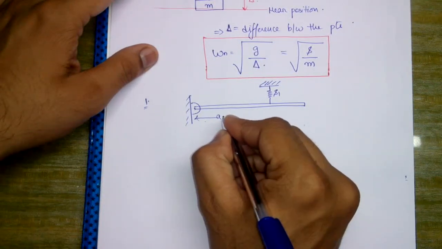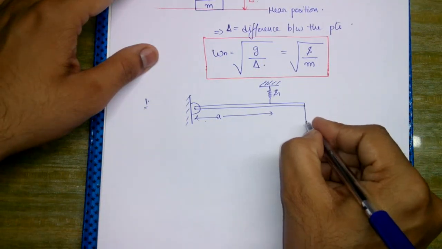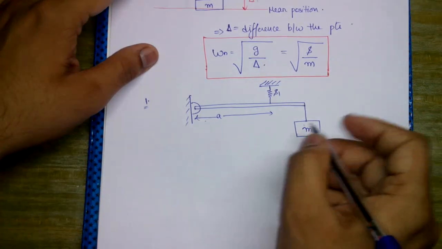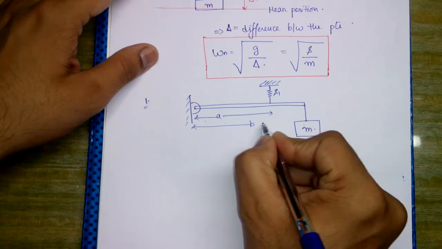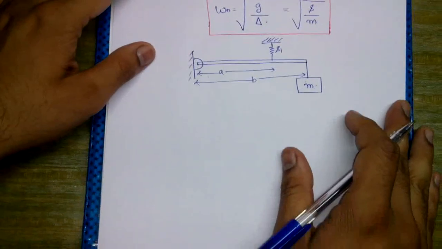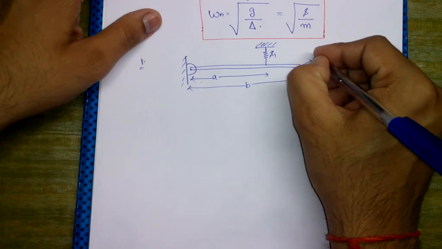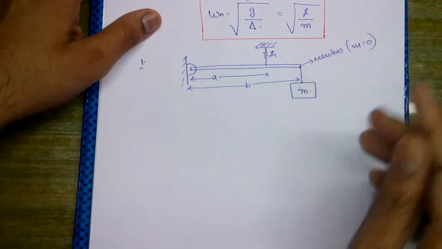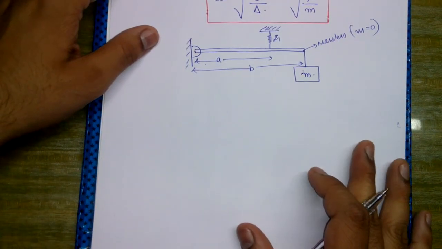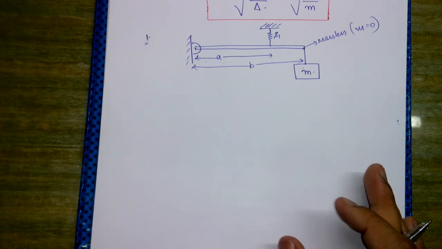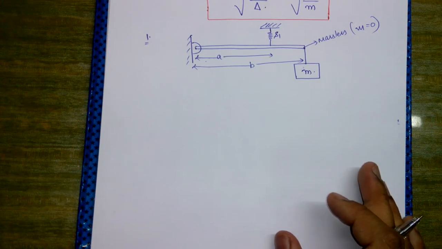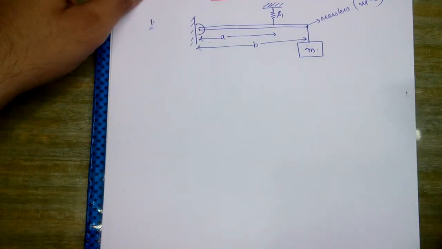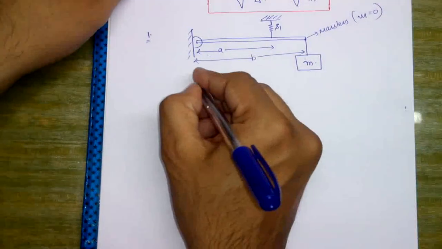This length has been given as A. A mass M is being hung from one end, and this distance is B. This rod is massless, that is M is equal to 0 for this rod. We have to find the expression for the natural frequency of this system. So first I will draw all the possible deflections in the present system.